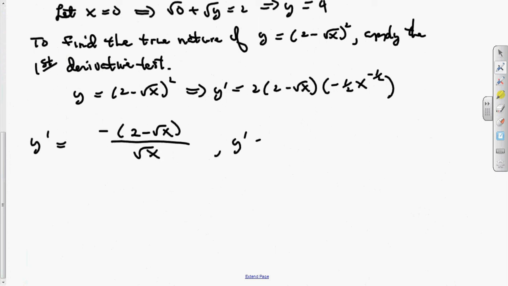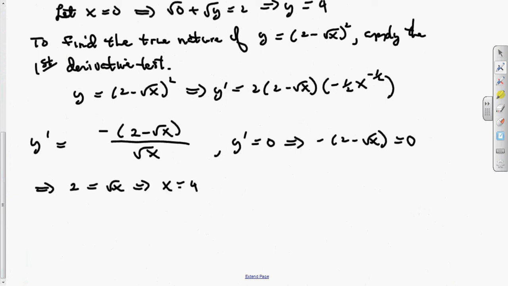So I set y prime equal to 0. That implies that negative, parentheses, 2 minus the square root of x, is equal to 0. That implies that 2 is equal to the square root of x, and x is equal to 4. So then I investigate what happens with y prime when x is less than 4, and what happens to y prime when x is greater than 4.